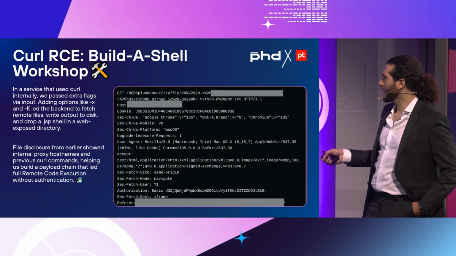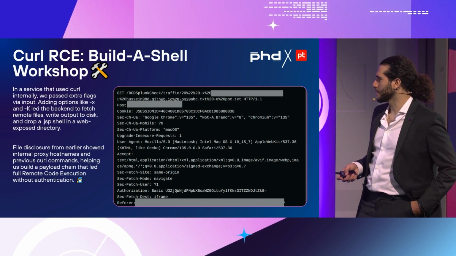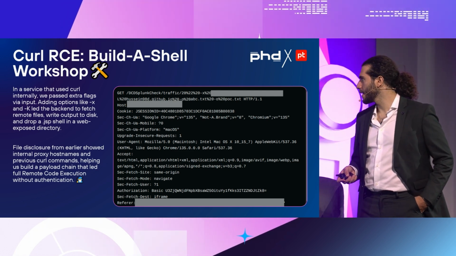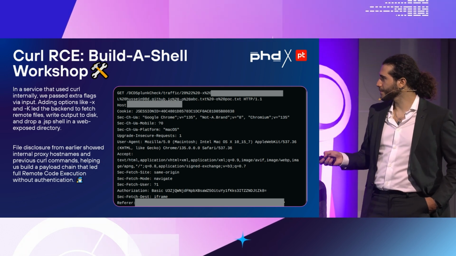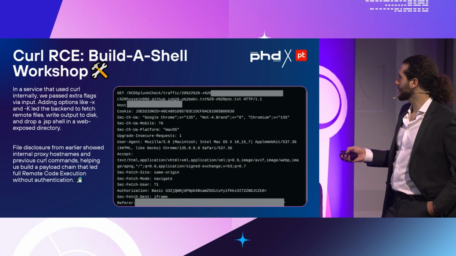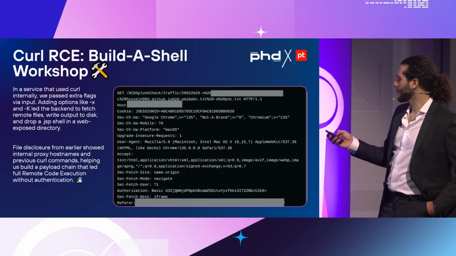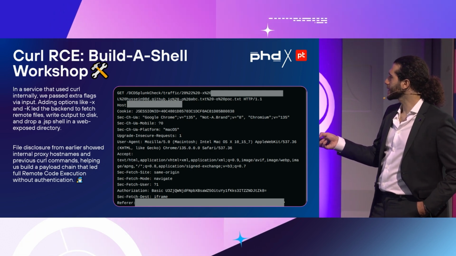Then we are giving the output to poc.txt, which will save the payload we gave it here. And so what happened is that it eventually gave us remote command execution access.